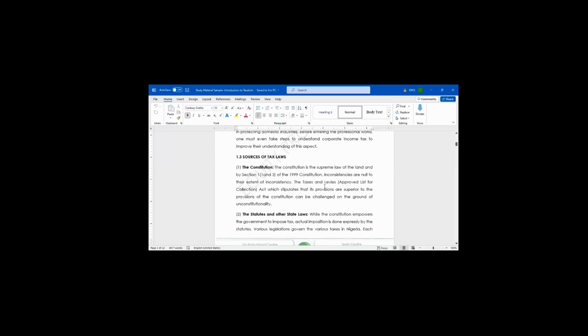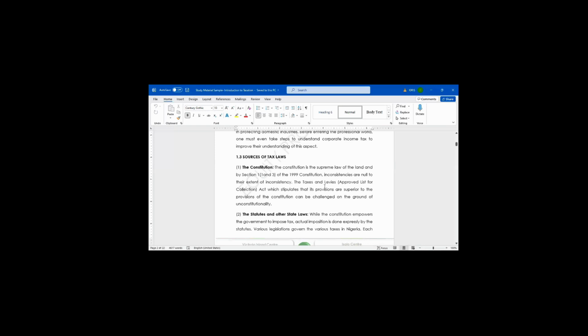Now, let's move to sources of tax law. Sources of tax law. Where do we get law relating to tax? Number one source of tax law, which is the primary source of tax law, is the Constitution.